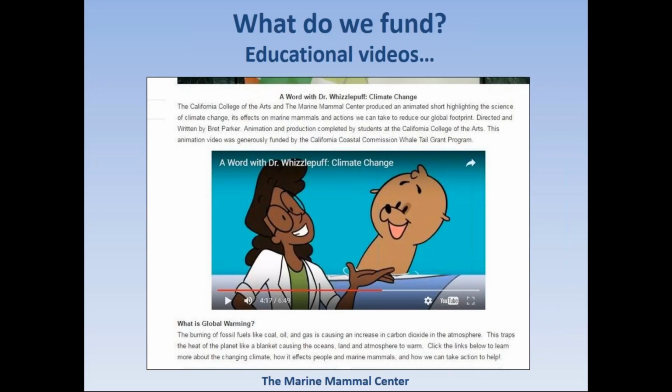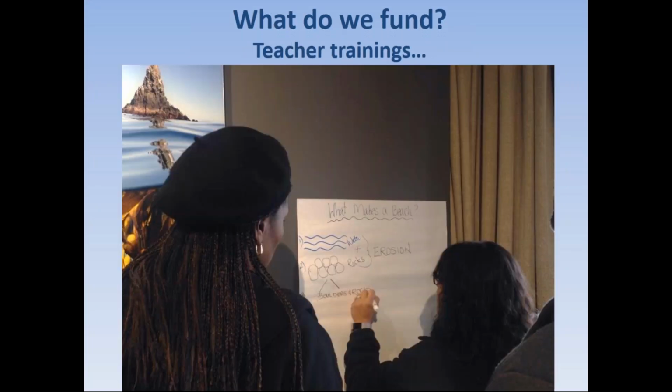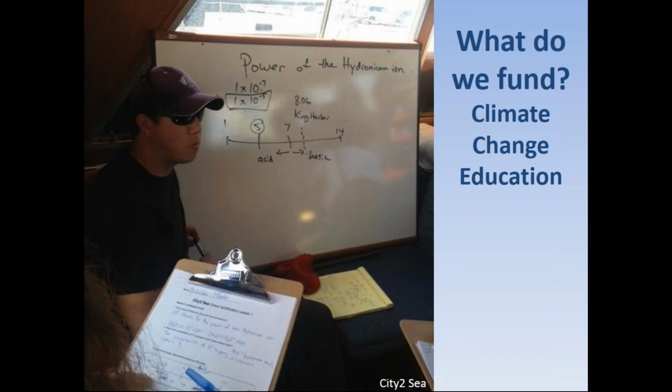We've funded videos. And we've funded professional development for teachers. There's a subcategory of grants for climate change education, which funds projects dealing with topics like sea level rise, ocean acidification, or other things having to do with climate change in the coastal and ocean environments.